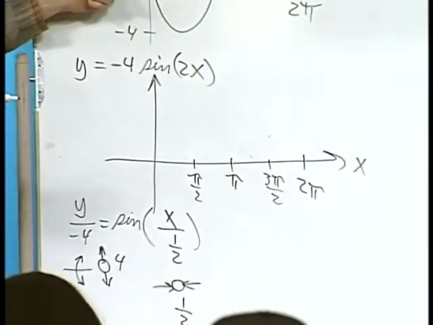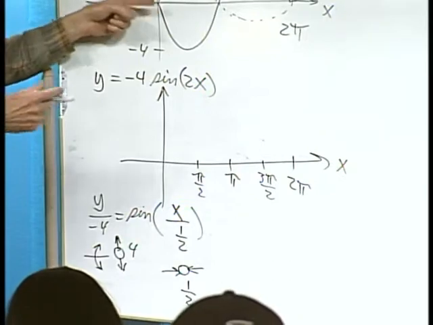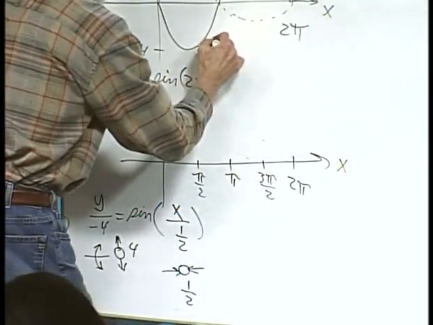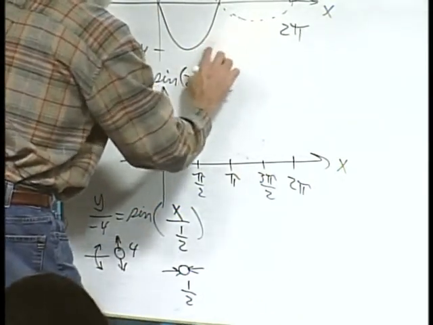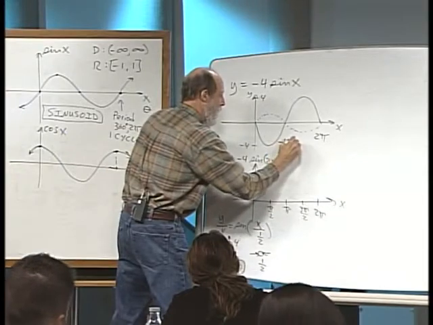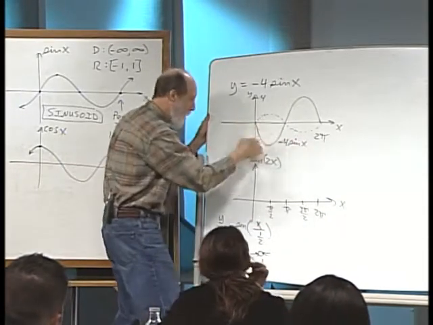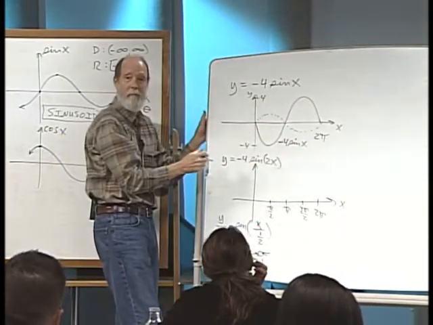So, here's your original graph with the -4 multiplier on it, right? That graph we just had previously.